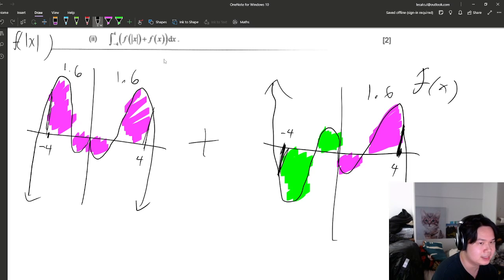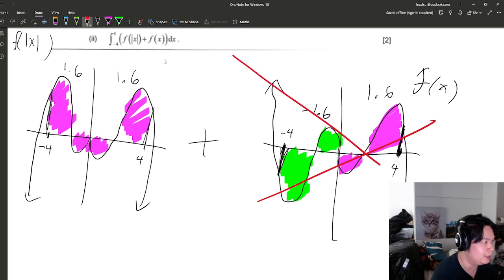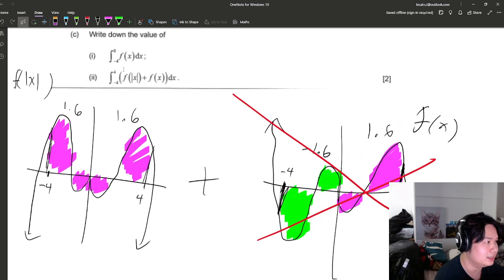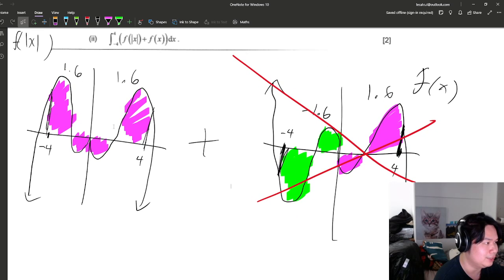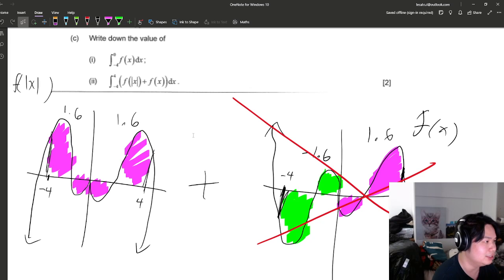This is 1.6, and because this is odd, this side is -1.6. So the total area of the f part is nothing. These will sum to 0. And you can see it, right? This little hump is going to cancel out with this little hump, this big hump is going to cancel with that one. So essentially, your integral, the total area between adding all these sections up, is 1.6 plus 1.6, which is 3.2.